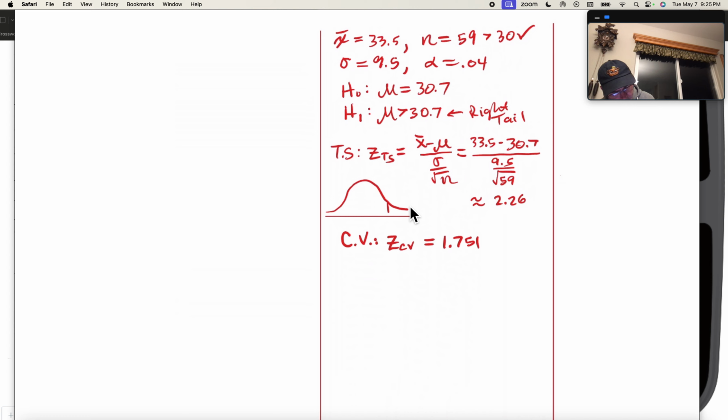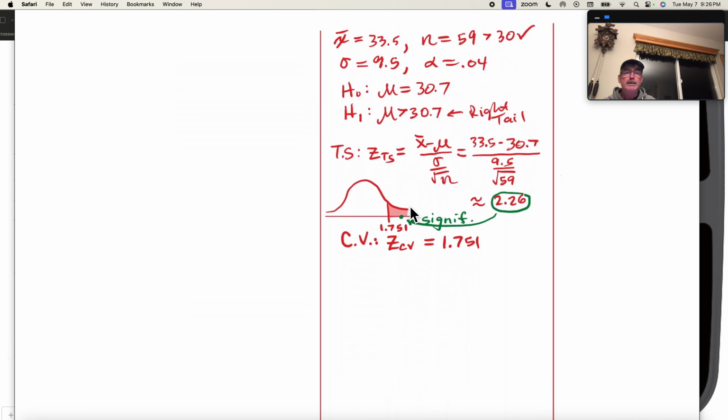This critical value is right here at 1.751. And when this test statistic, the 2.26 here, if that lands into the tail, and it is in the tail here, then we consider that statistically significant. Okay, so let me shade that in real quick here, just to make the picture real pretty.